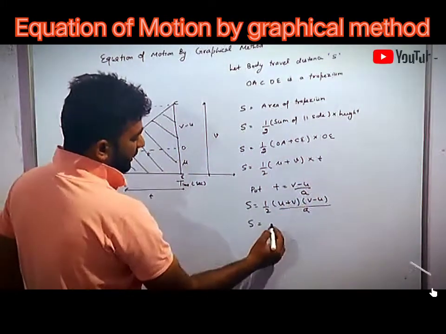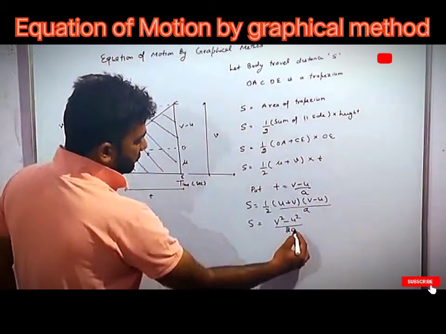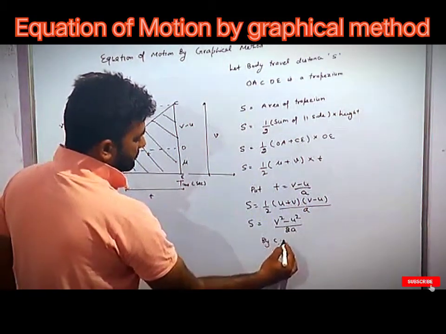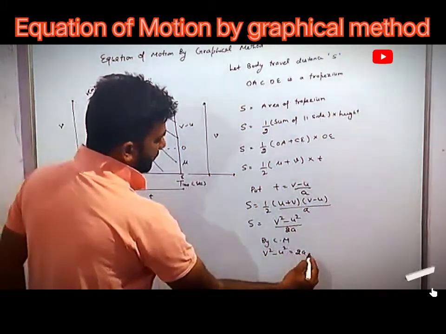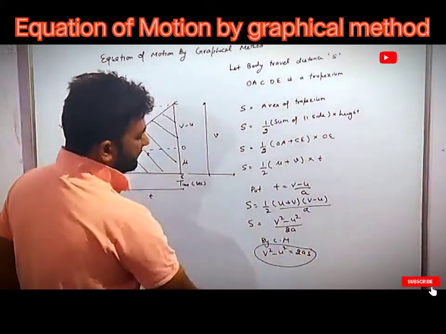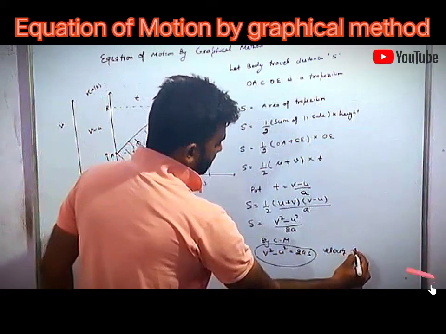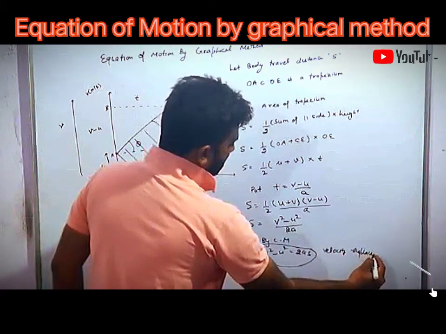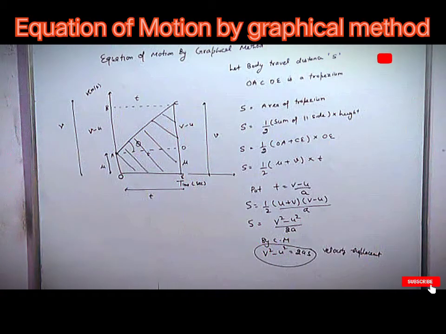Using (a plus b) into (a minus b), we get (v square minus u square) divided by 2a. Cross multiply: v square minus u square is equal to 2as, and this is called the velocity-displacement relation. These are the equations of motion by the graphical method.